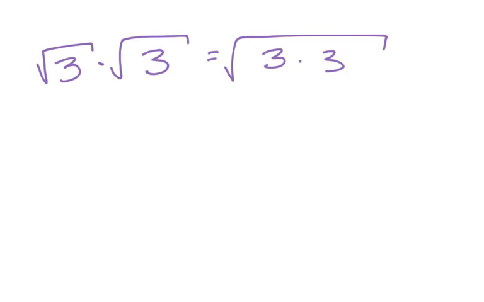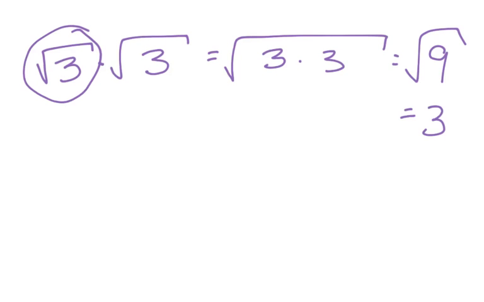And of course we know that 3 times 3 is 9, and then what's the square root of 9? The interesting part about this when it comes to rationalizing the denominator is that if you have a denominator, say like our first example, the square root of 3, and you multiply by another square root of 3, you actually end up with just that number back out again.